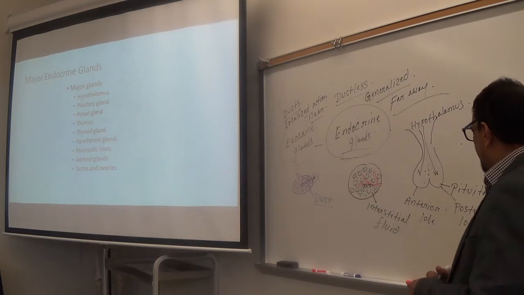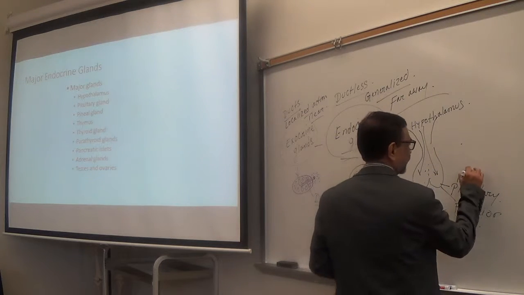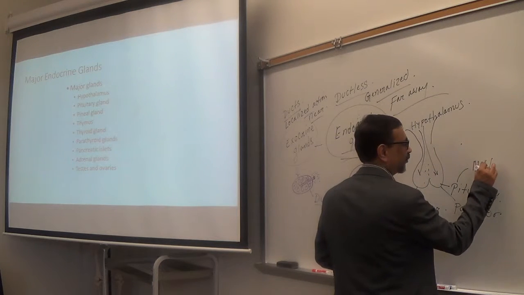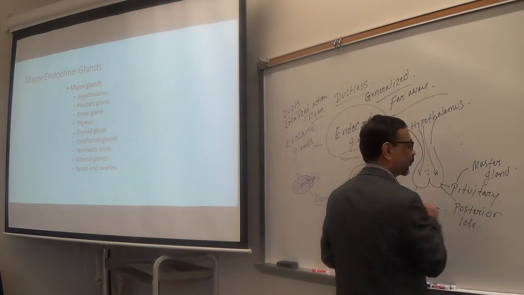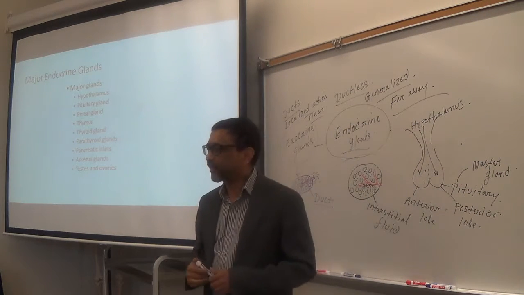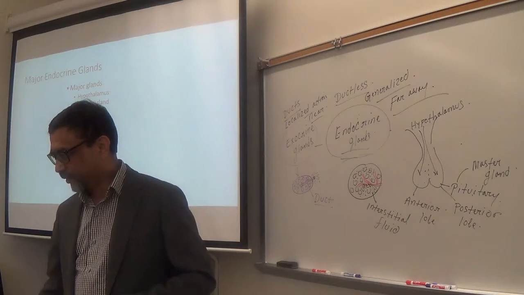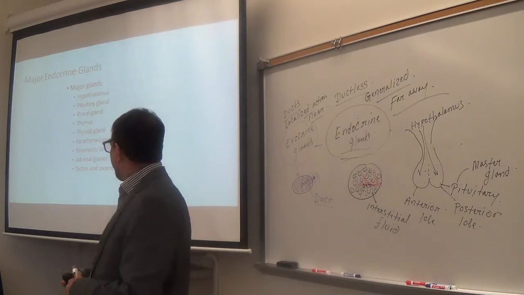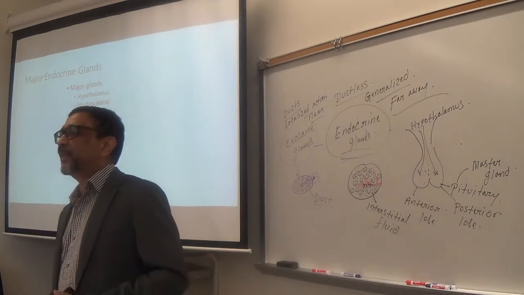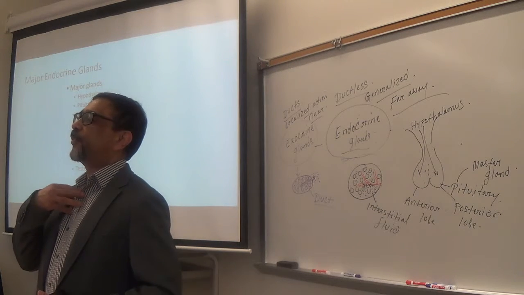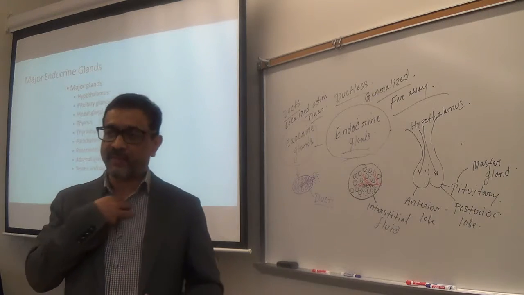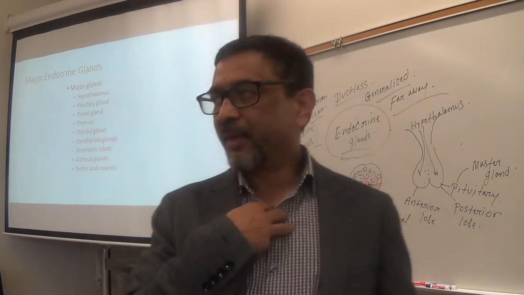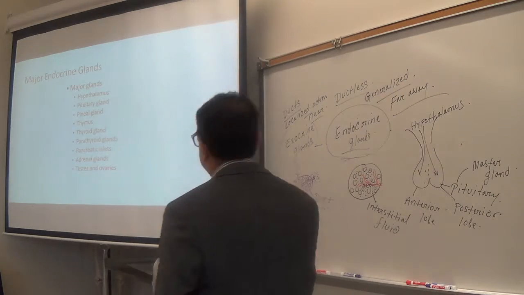The pituitary gland is also called what? Anybody? Master gland. Okay, so the pituitary is the master gland. It's a very important gland. Now, if you go further down, here in the upper part of your thorax, you have the thymus, which is also an endocrine gland.